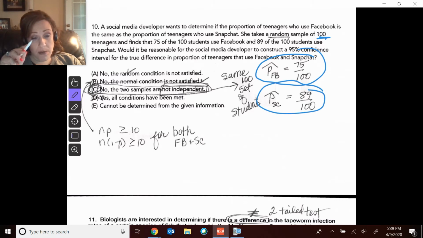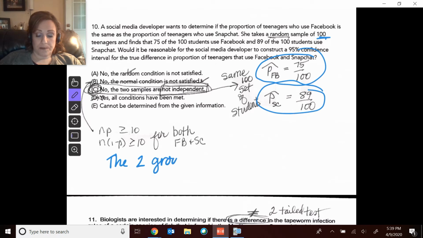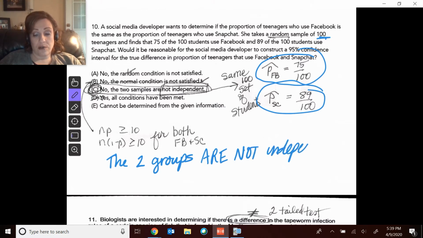That's the problem, because we would not be able to say that the 2 groups are independent. The 2 groups are in fact not independent of each other. If they had 2 separate sets of 100 teenagers, fine, that'd be good.